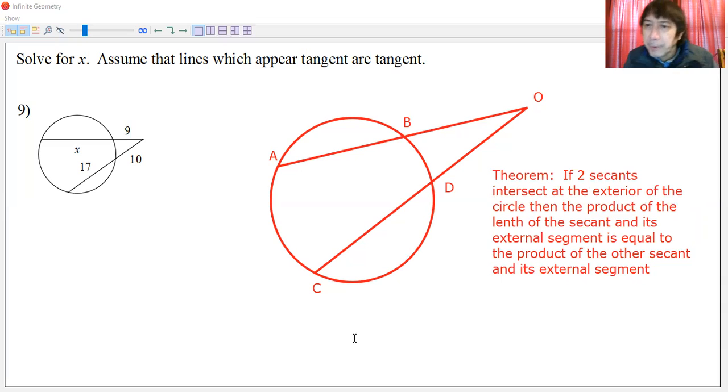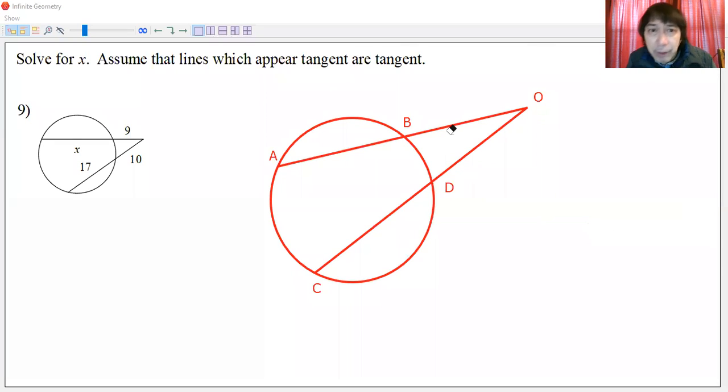Let me rewrite it, because I want the correct spelling.